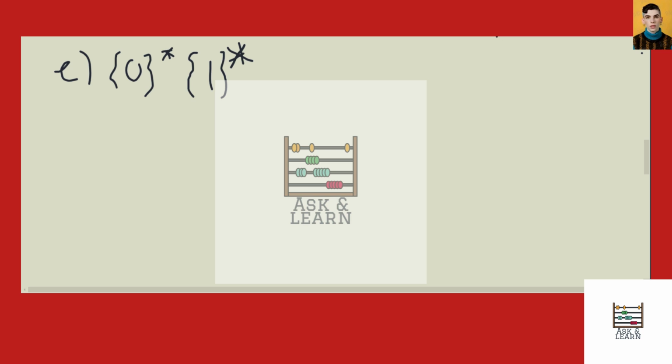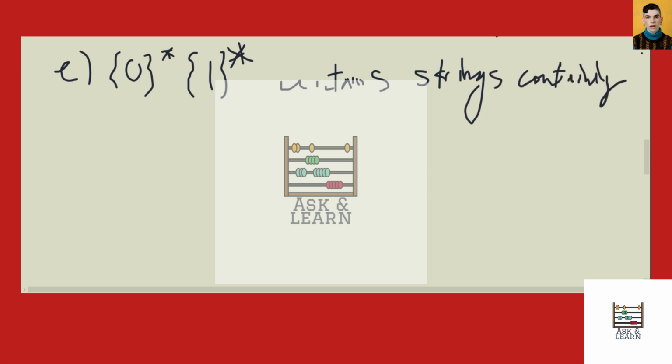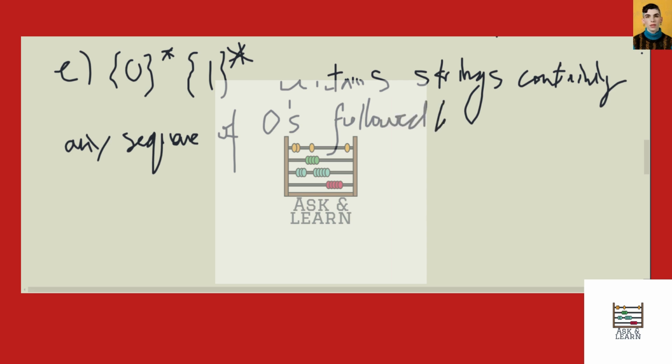So it follows that this set contains strings containing any sequence of zeros, possibly an empty sequence of zeros, followed by any sequence of ones. Again, possibly an empty sequence of ones.